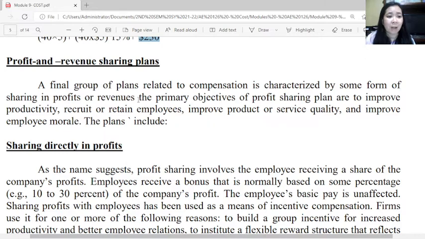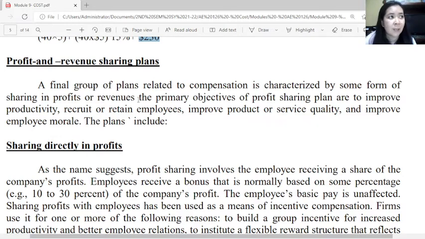Basically, when we say profit and revenue sharing plans, it means that aside from the salary the employee earns from working in the entity, the employee can also have the chance to share from the profit or the revenue gained by the entity. So this is like a double compensation.